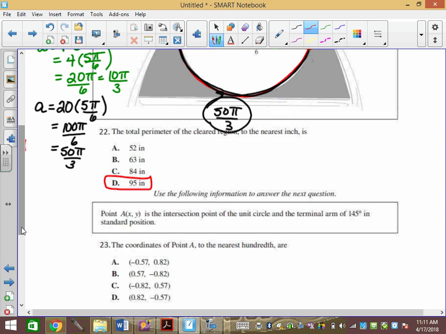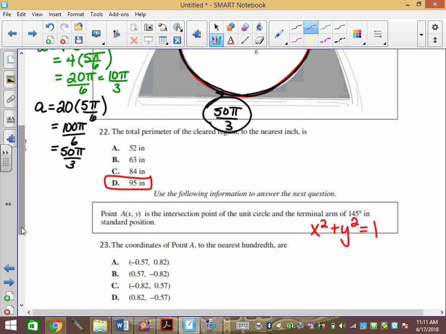Now, this is also what people forget. On our unit circle, there are 3 things when they say on the unit circle. It could mean x squared plus y squared equals 1. Where do we use that? When they give us an x or a y and want the other one.